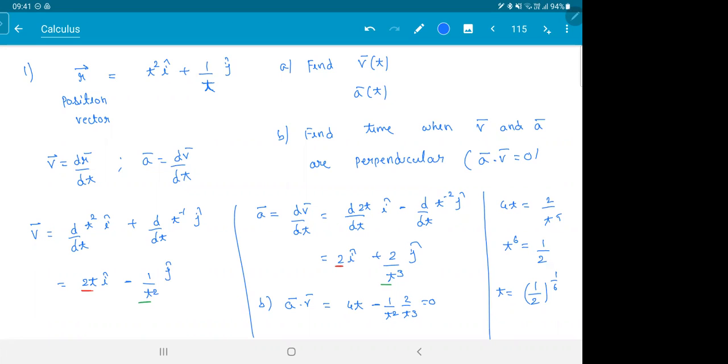Copied? Any doubts on this? Please ask me. Clear? Next one. Turn the page.